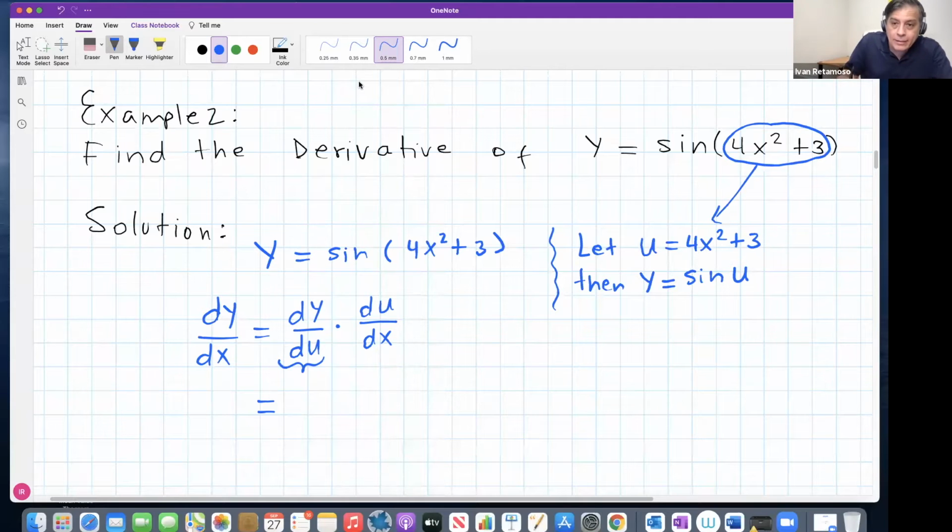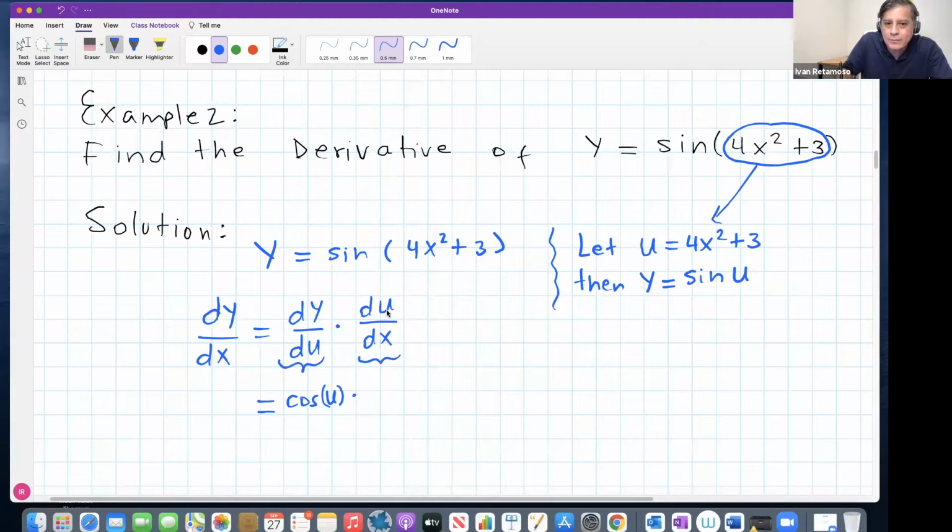And thank you, because this is something that you should recall on your homework. The derivative is cosine, but cosine of u, because we are taking the derivative with respect to u. Now, let's put parentheses here. Cosine of u, times this derivative.